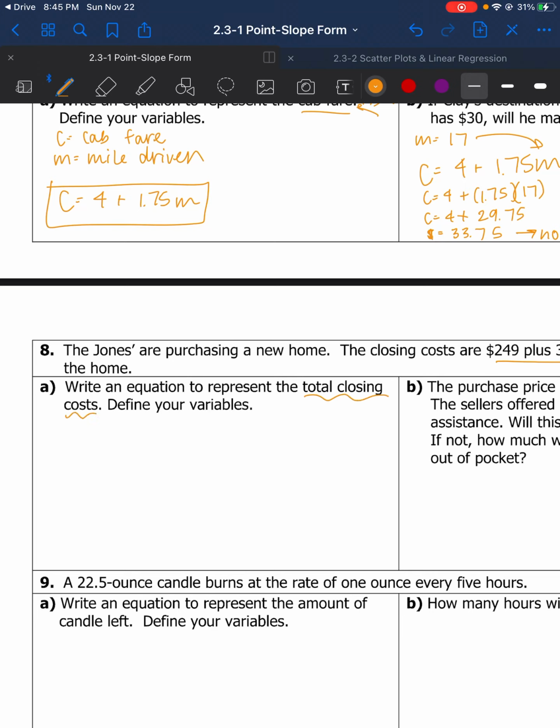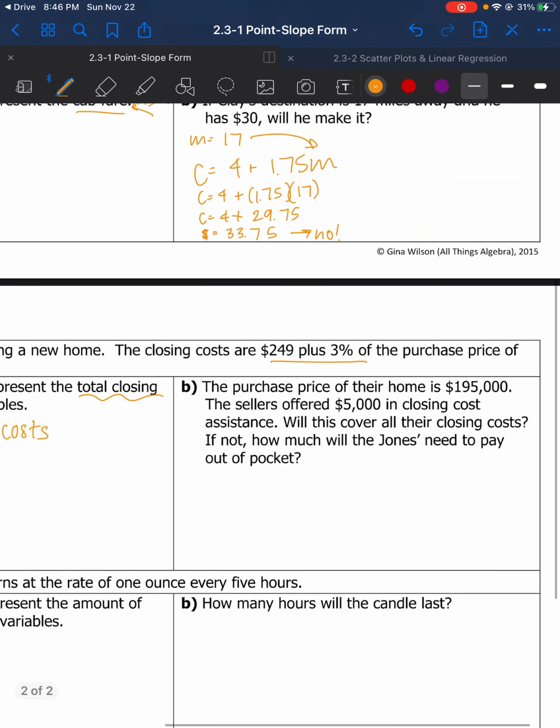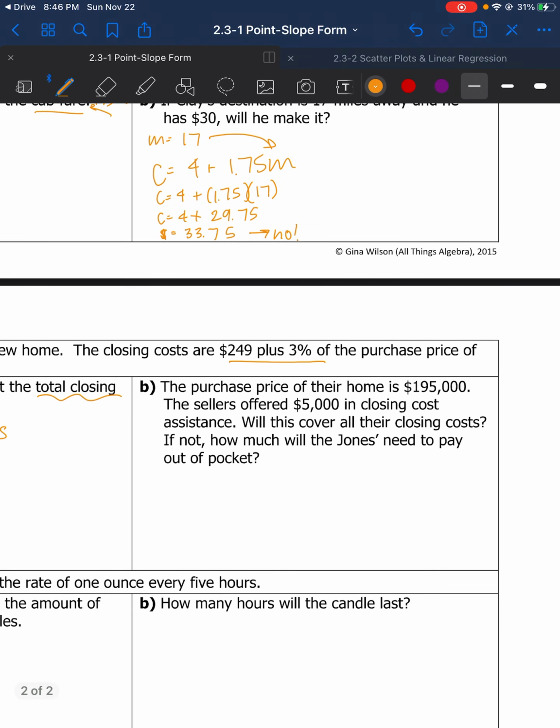So total closing costs, this is going to be our Y, our output, and we'll name that C again. So this is total closing costs. And the closing costs are this $249 plus 3% of the purchase price.